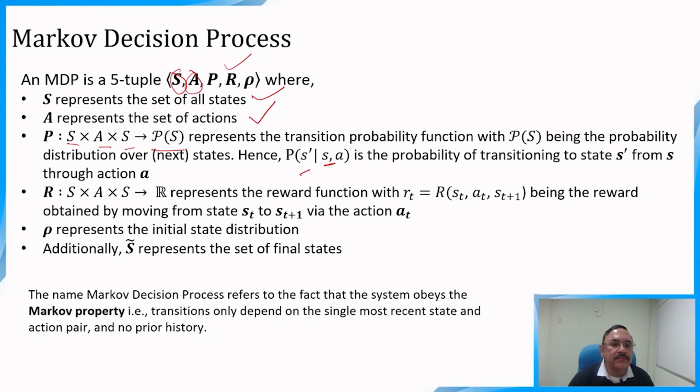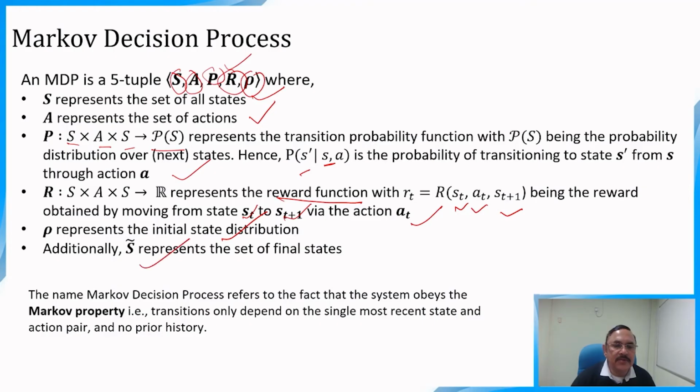So, that was the transition probability. R represents the reward function. The reward function again is S by A by S, and it gives a reward where R t is R of S t, A t and S t plus 1, being the reward obtained by moving from state S t to S t plus 1 via the action, and rho represents the initial state distribution.